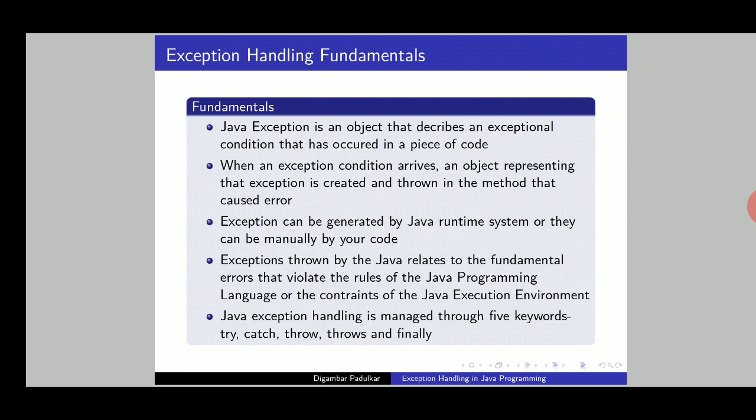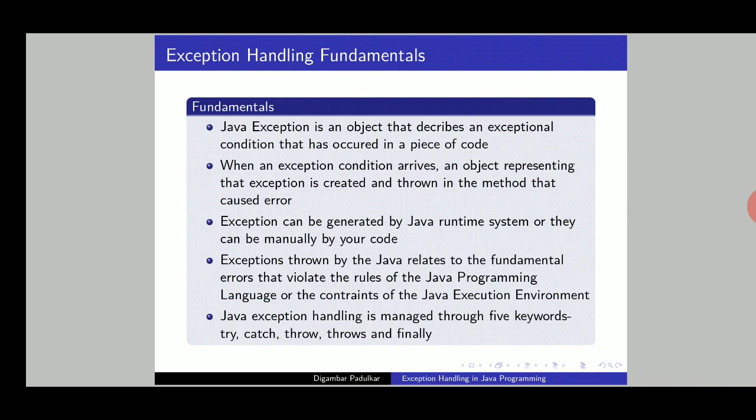The Java runtime system, that is the JRE, can generate the exception, or that exception can be generated manually by your code, meaning you can write your own exceptions as well. The exceptions thrown by Java relate to fundamental errors that violate the rules of Java programming.